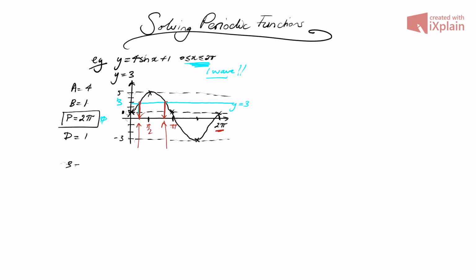So we have 3 equals 4 sine x plus 1, and we've got our domain from 0 to 2 pi. Rearrange, so we subtract the 1 and get 2 equals 4 sine x, divide by 4, so we get a half equals sine x, and then we solve.